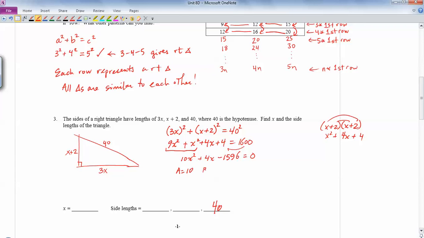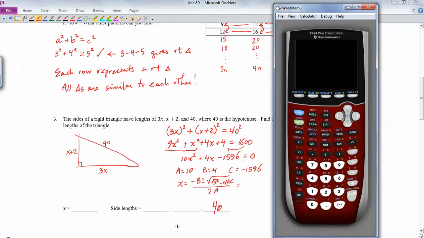A is 10, B is 4, C is negative 1596, and then I'm going to plug into the quadratic formula: negative b plus or minus the square root of b squared minus 4ac all over 2a. I'll call up the calculator here. Oh, let me restart it.